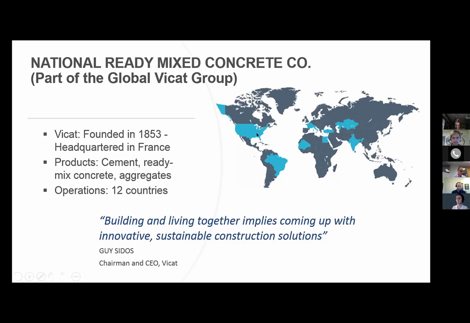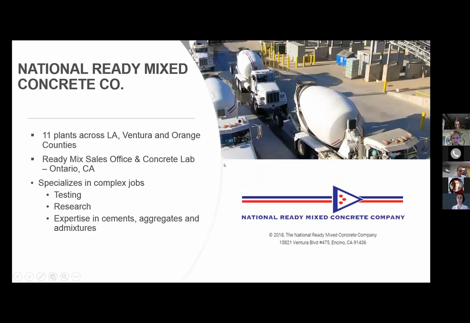There's a cement plant in Alabama, and there's one here locally in Lebec, just east of Gorman on top of the Grapevine. The Ready Mix Materials Group is here in the 3 counties in Los Angeles. Our sales and lab is in Ontario.